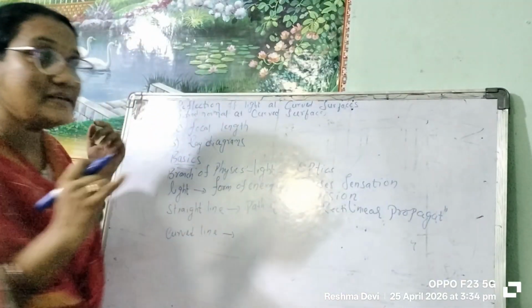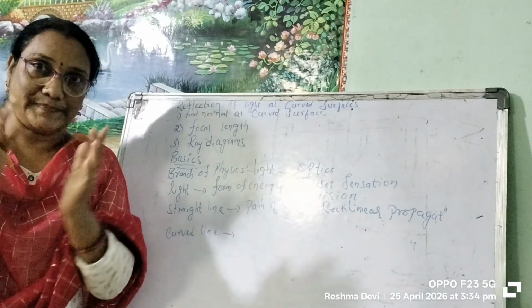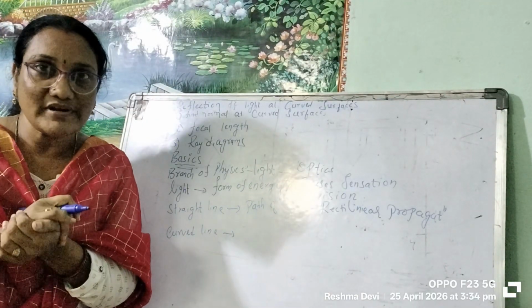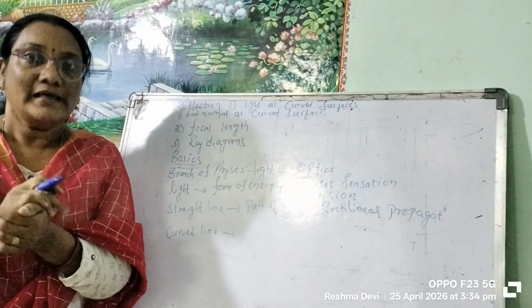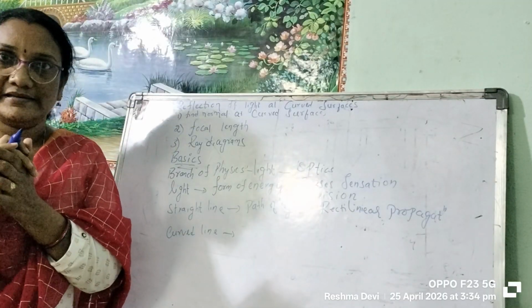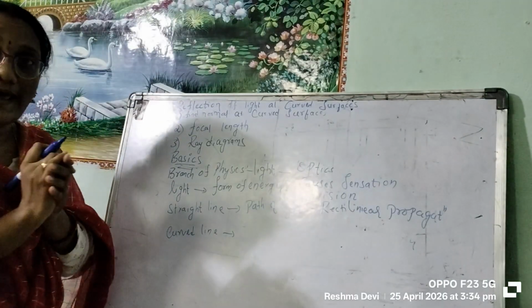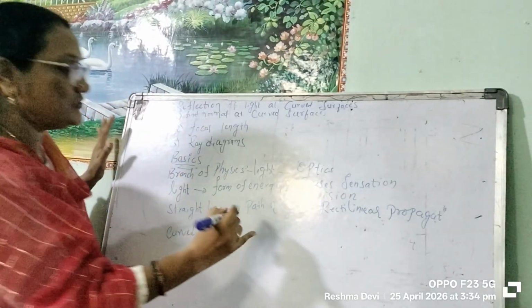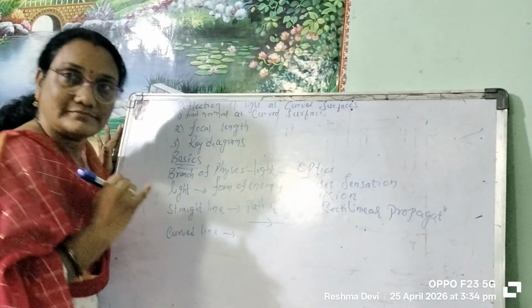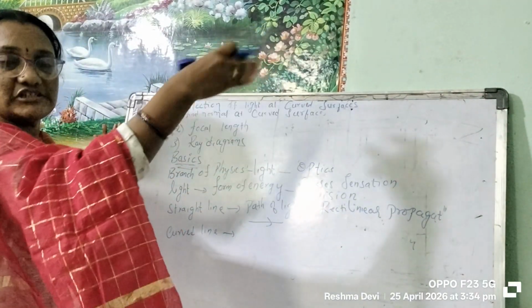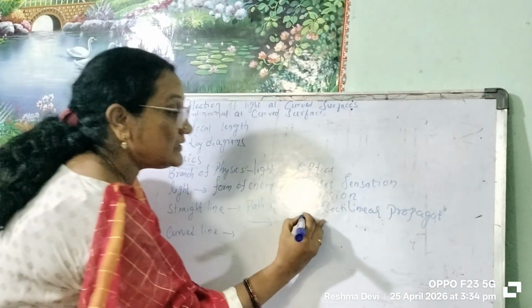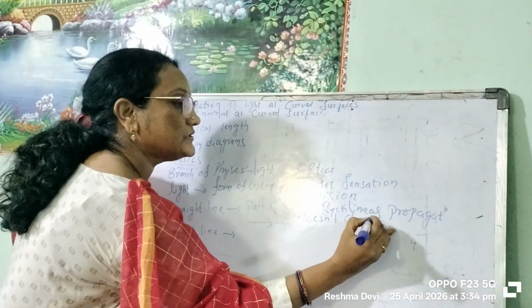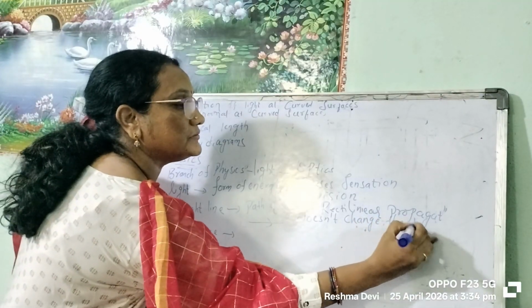Rectilinear propagation means light travels in a straight path. So a straight line is the path of the light in which light does not change the direction. It will move along the straight line only. It does not change the direction.